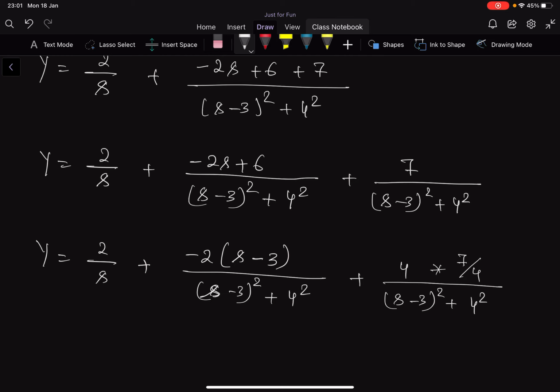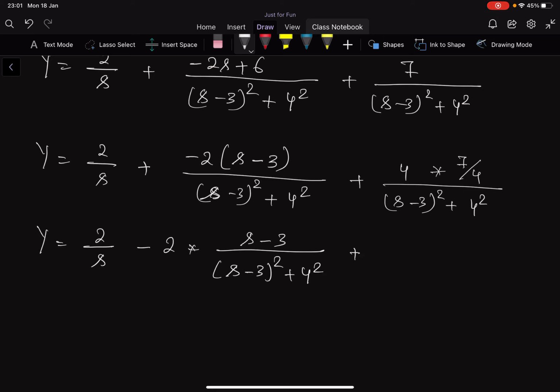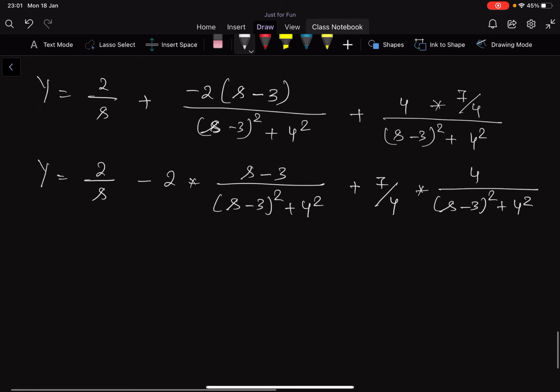Okay, once we have this whole structure, let me write this one last time, and then we are going to apply our inverse Laplace. So we can take this minus 2 in front, and then what is left over is (s minus 3) over ((s minus 3) square plus 4 square). Then same thing here, I can take that 7 over 4, then multiply 4 over ((s minus 3) square plus 4 square). Now I can apply inverse Laplace.